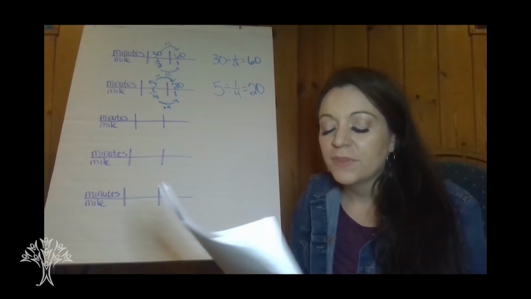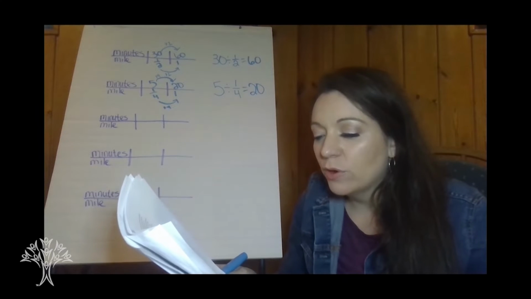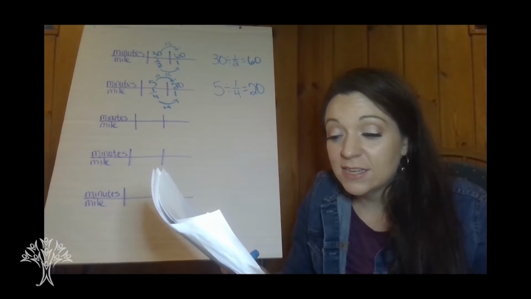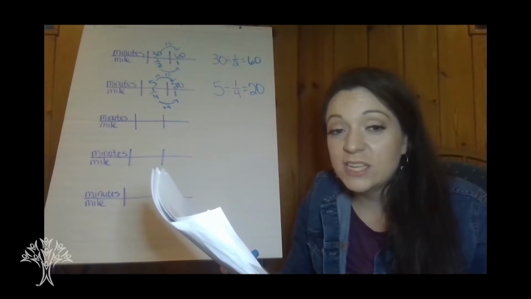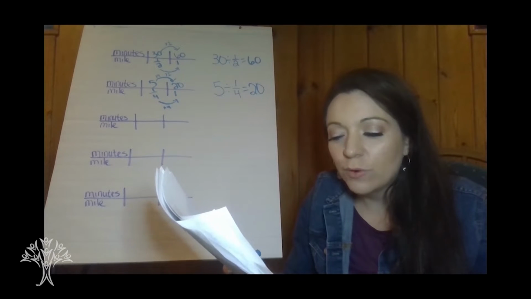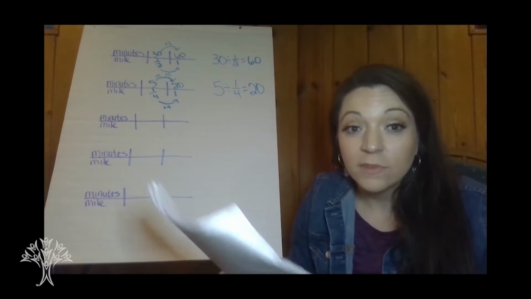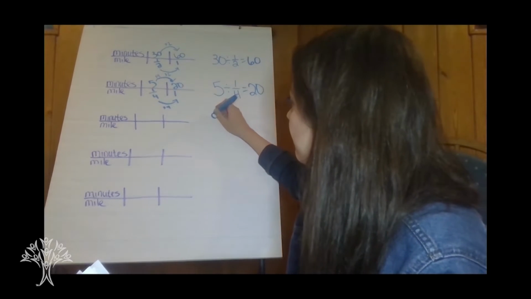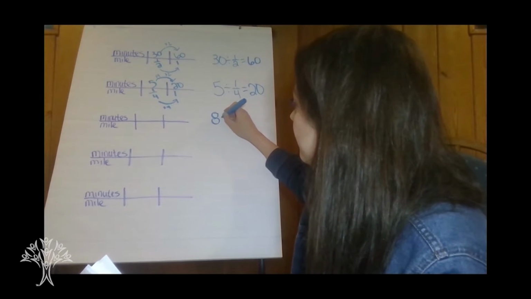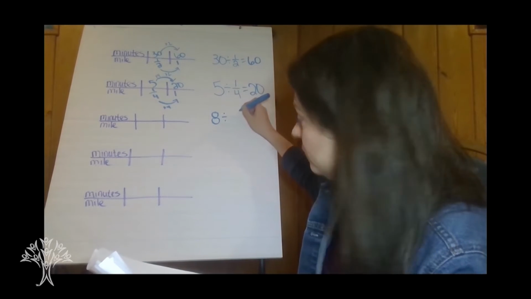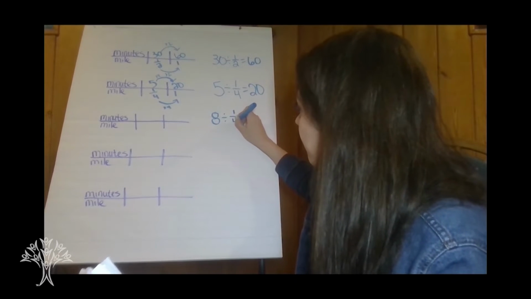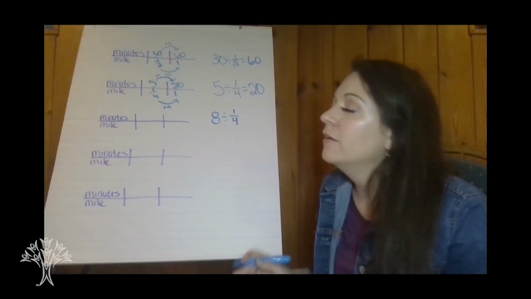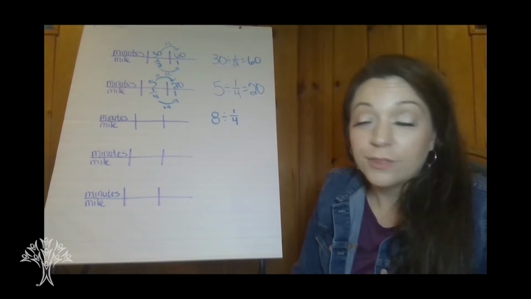Here's another one. If a student walked 1/4 a mile in 8 minutes, how fast was he walking? What was his pace per mile? 1/4 of a mile in 8 minutes. Go ahead, solve it. Eight divided by 1/4.